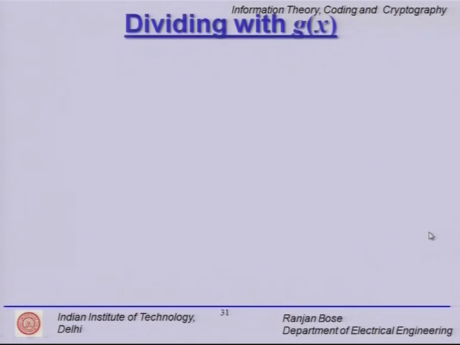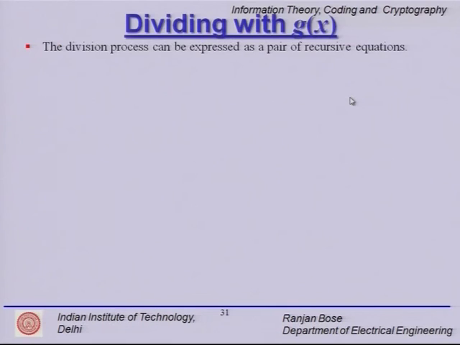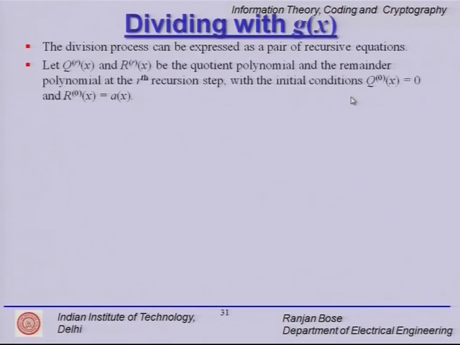The other part of good cyclic code is the division part. We need to divide to carry out these checks. CRC does that. All other cyclic code error detection routinely involves dividing by g of x or some polynomial. So, the division process can also be expressed as a pair of recursive equations.